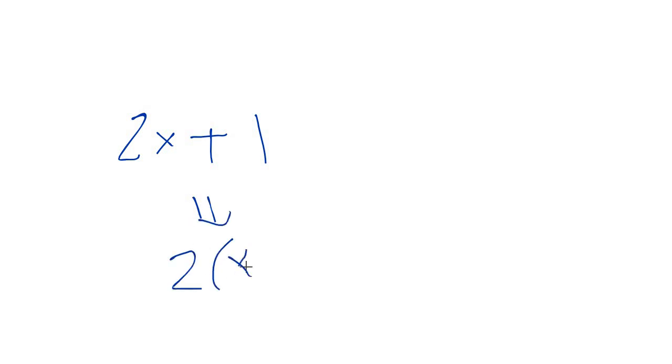You can also divide by non-monic binomials. For example, if you wanted to divide by 2x plus 1, how do you do that? Well, all you have to do is simplify it into a monic binomial, which means you can simplify it into 2 times x plus 1/2, and this is a monic binomial.